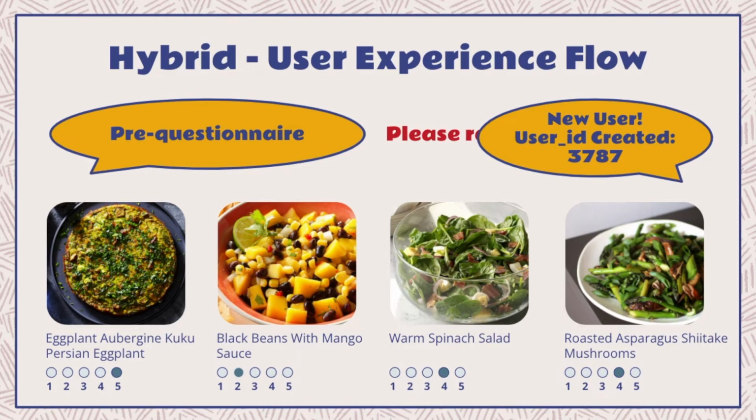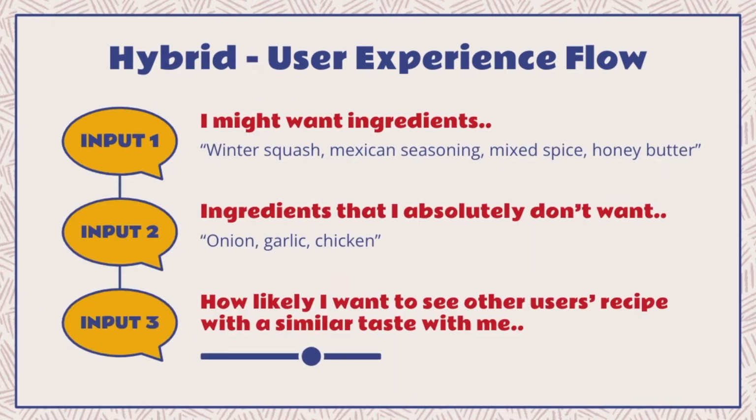In order to have a good view of the hybrid system, we will review the user experience flow. Imagine that you are a new user to the website. You will fill out a pre-questionnaire where you are going to rate some recipes. After you finish, we're going to create a new user ID for you. The second part is where you can essentially have an influence on the entire recommendation result. It contains three inputs.